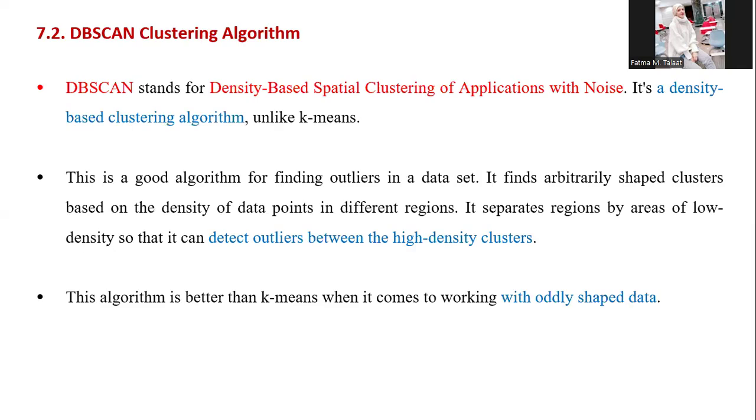How does the DBSCAN clustering algorithm work? It is density-based spatial clustering of applications with noise. It's a density-based clustering algorithm. Unlike k-means, it can detect outliers between the high density clusters.